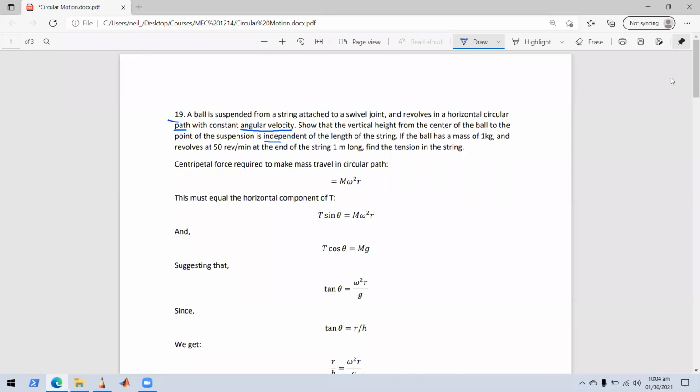If the ball has a mass of 1 kg and revolves at 50 revolutions per minute at the end of the string, 1 meter long, find the tension in the string. All right, just give me a few seconds.